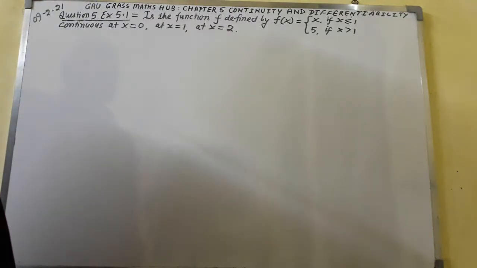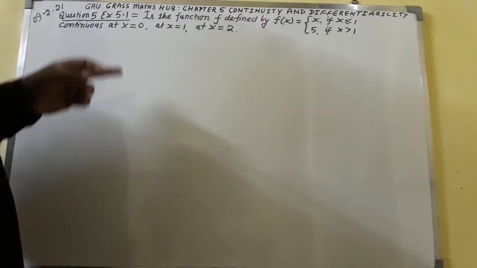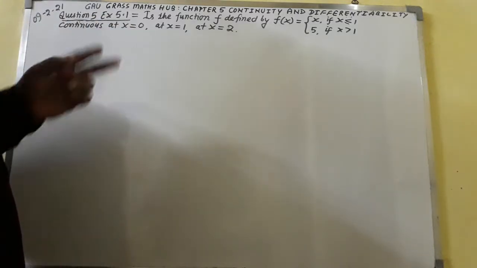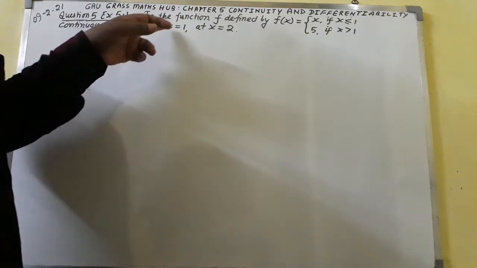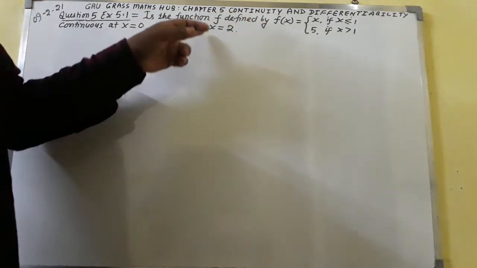So here we have to show whether f of x is continuous at x equal to 0, separately; f of x is continuous at x equal to 1, and also f of x is continuous at x equal to 2, separately.